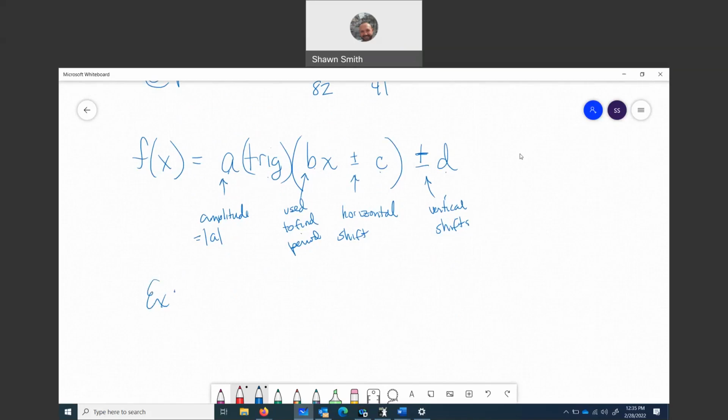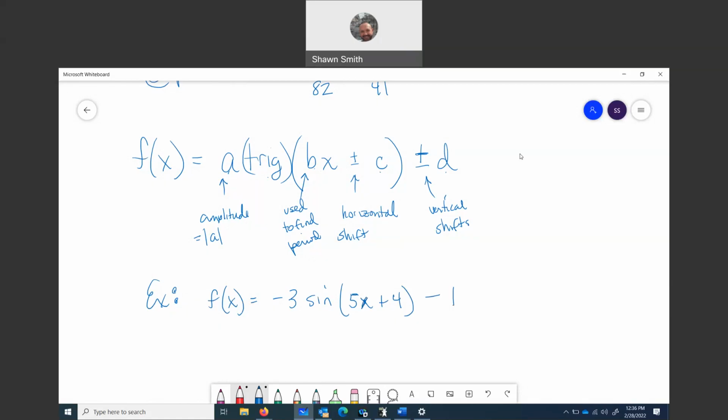So an example may be in the form, say f of x is equal to -3 times the sine of 5x plus 4, minus 1. So we'll look at this and we can do that same thing.